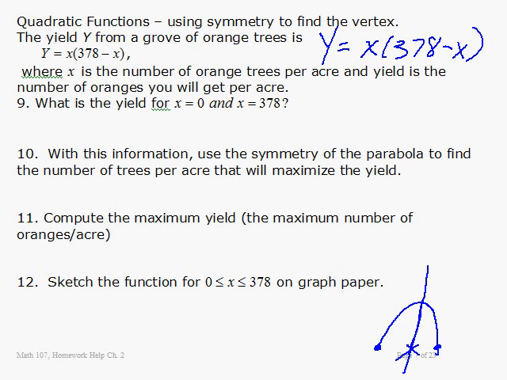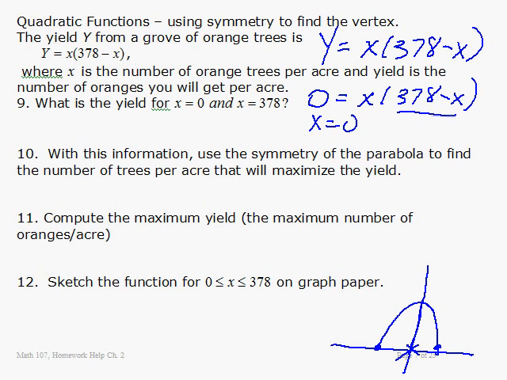So in this case, I want to find these two x-axis crossings. Well, if I set y equals 0 here, if I solve for x, I would find that one solution is x equals 0. The other solution is x equals 378.